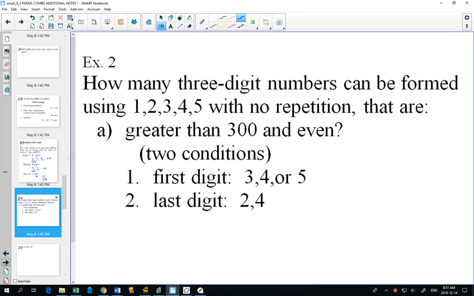If you tried to do it in one step, don't write this down, but if you tried to do it at one step and you said, I have a restriction, my first digit has to be a 3, 4, or 5, and I have another restriction, my last digit has to be a 2 or a 4, what number do I put in my first space if I deal with that restriction first? 3, right? Because I have 3 choices.